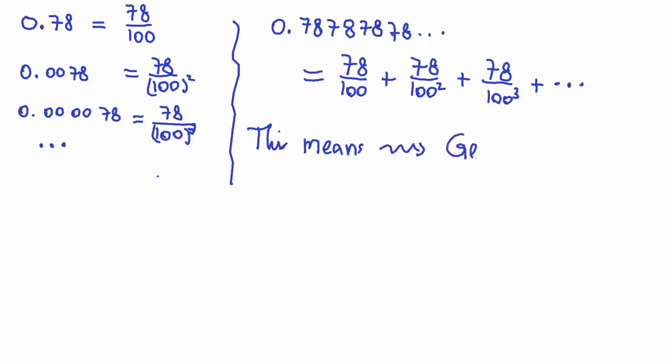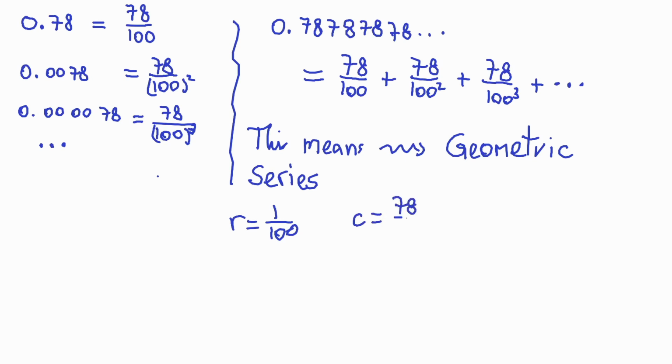And it has the ratio equal to 1 over 100. That ratio is 1 over 100. And the constant is going to be 78 over 100. This constant c is 78 over 100.